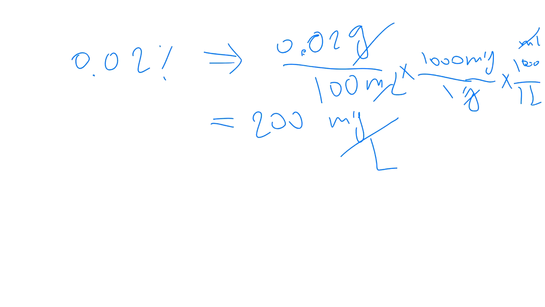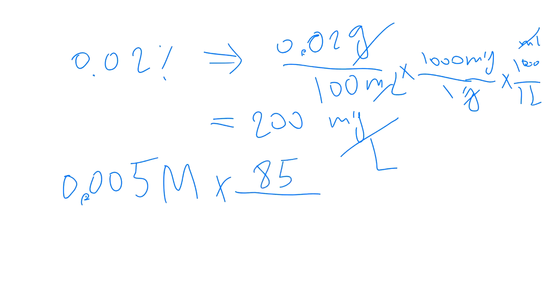So if I answer all those questions, then basically I have to grade myself, right? 0.005 capital M times 85 grams over 1 mole, because this is for sodium nitrate.